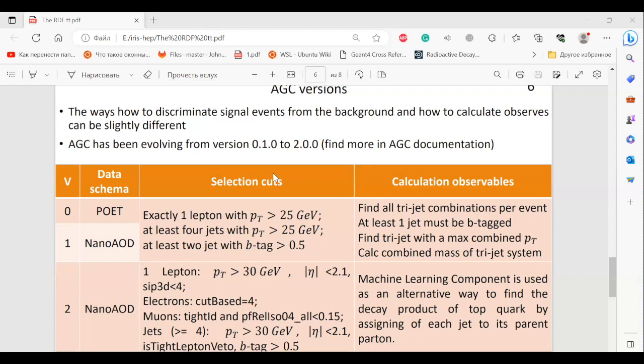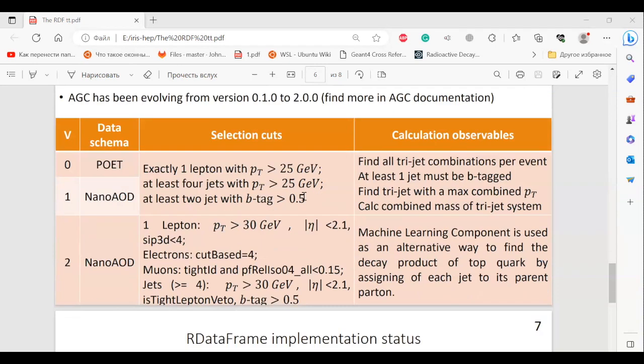evolved from version 0 to version 2. And in each version, there are different data schemas used as input data, slightly different selection cuts, and slightly different ways to calculate observables.